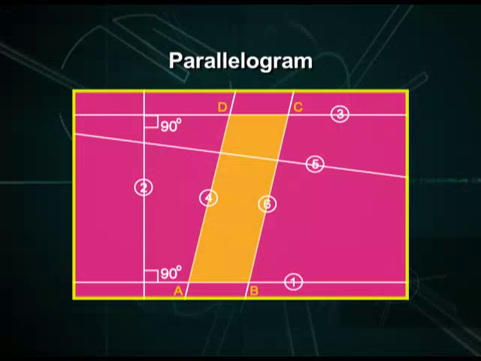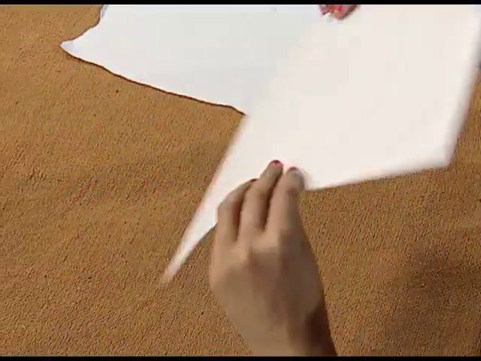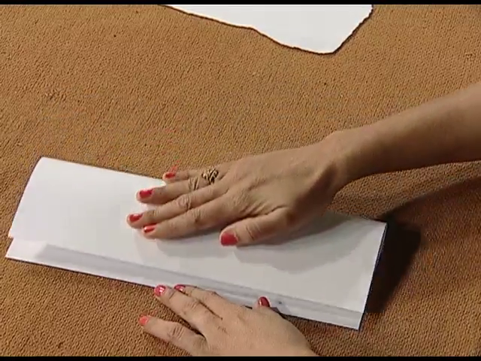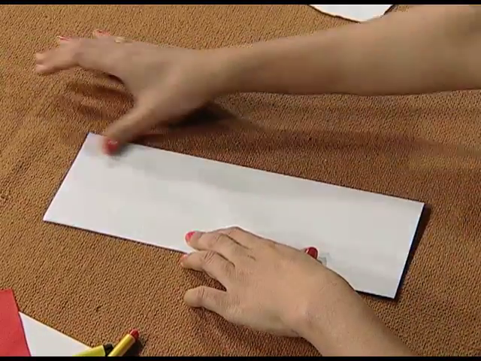Now, we will be making another geometrical figure using paper folding. Let us take a sheet of paper and I am asked to make a rhombus using this. Fold it into two halves.